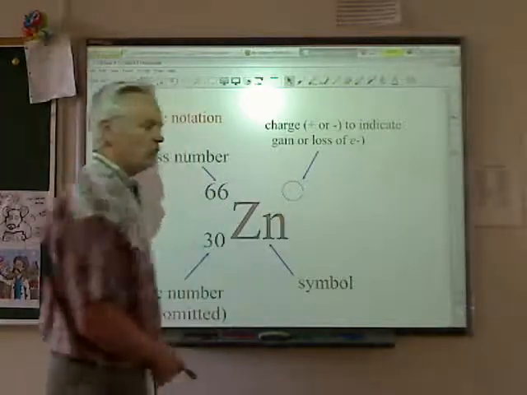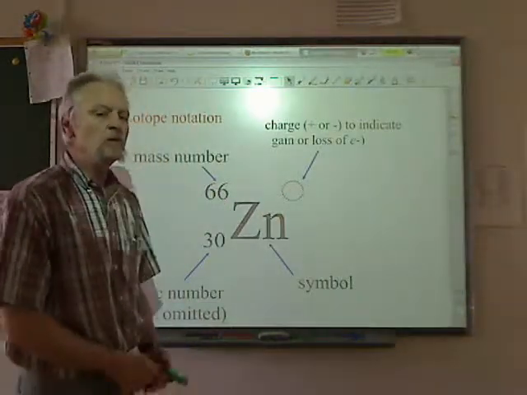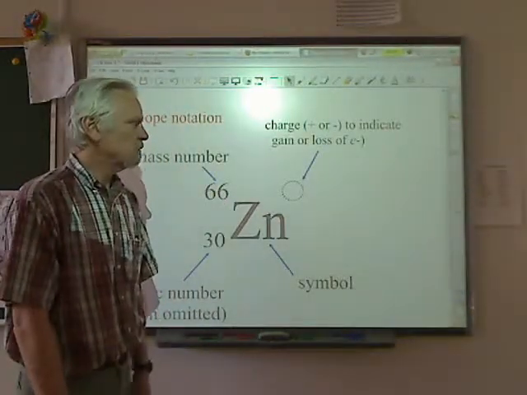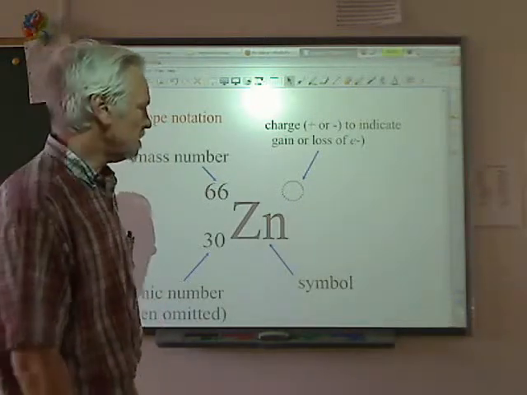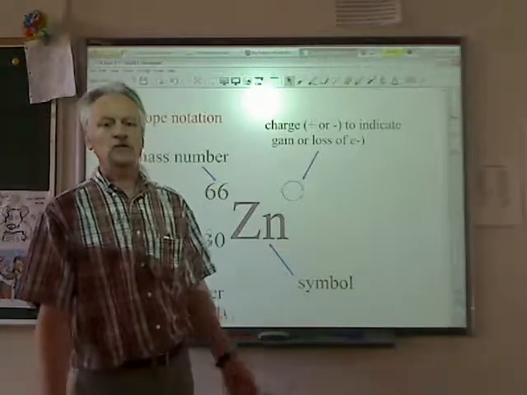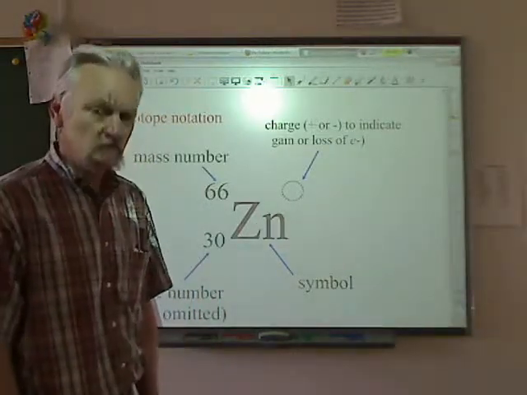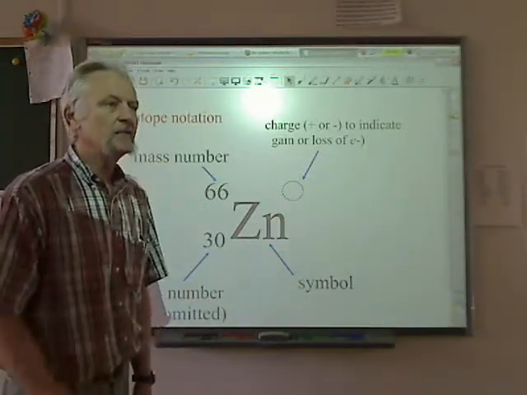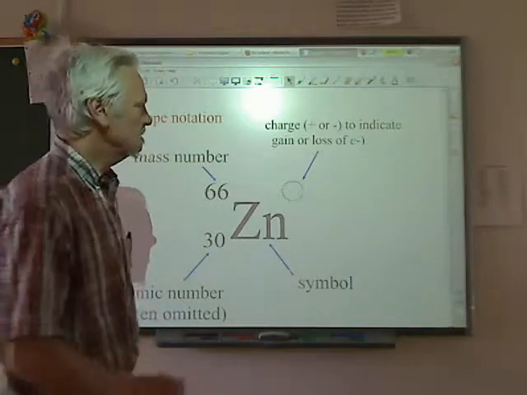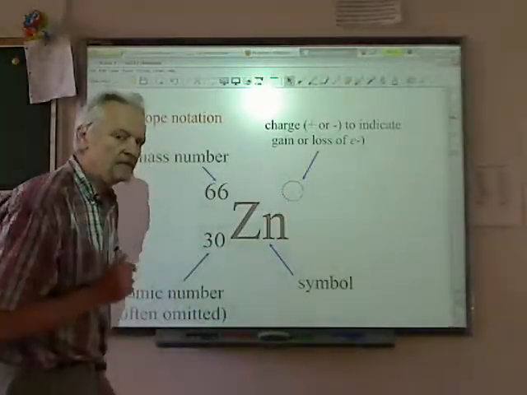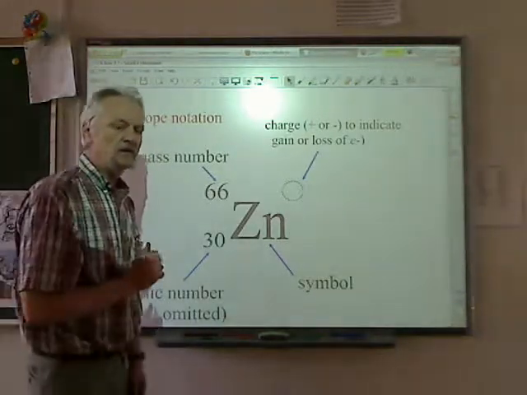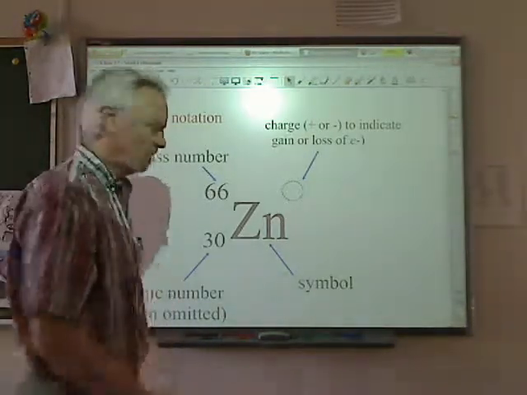In the upper right-hand corner is the place where we will put charges should an atom have a charge. If nothing is shown, we assume that the atom is neutral. And remembering the charges of our atomic particles, if this atom of zinc is neutral, it has to have exactly the same number of protons as electrons.